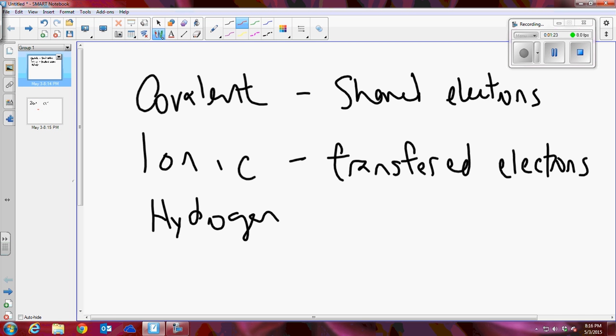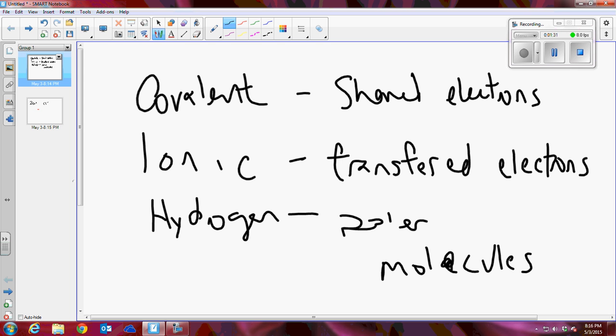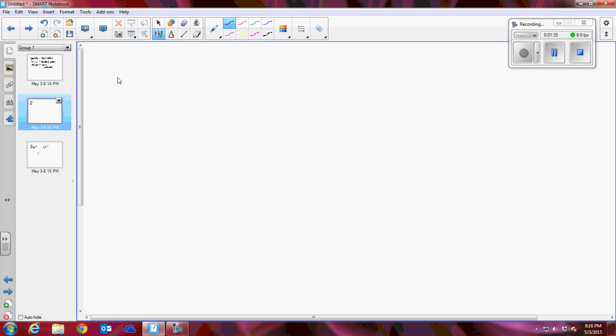And then hydrogen bond, and this has to do with polar molecules. All right, and so there was some confusion about this as well, I know, at one point. And so usually when we talk about these, we're talking about water molecules.